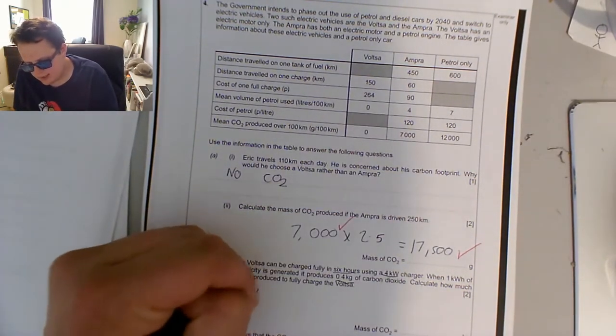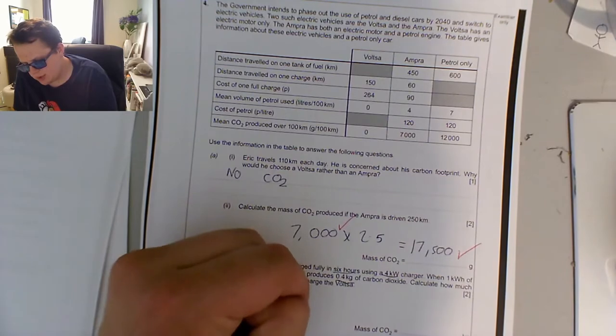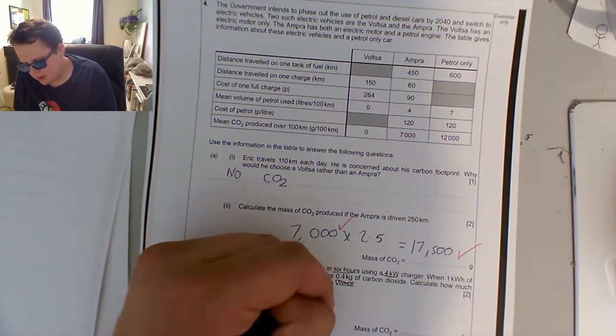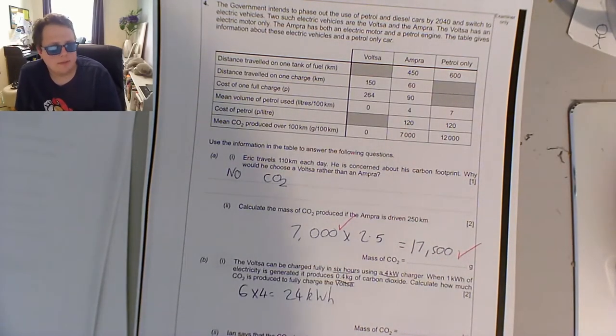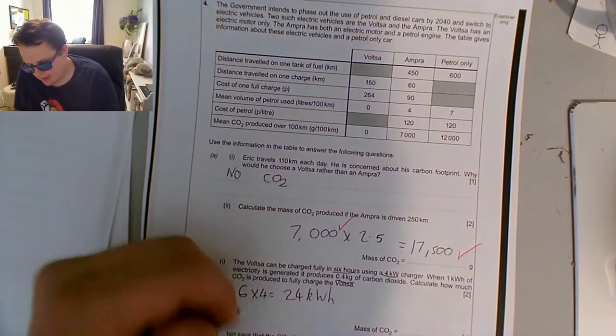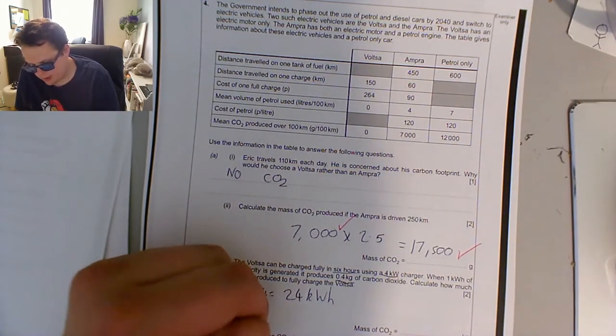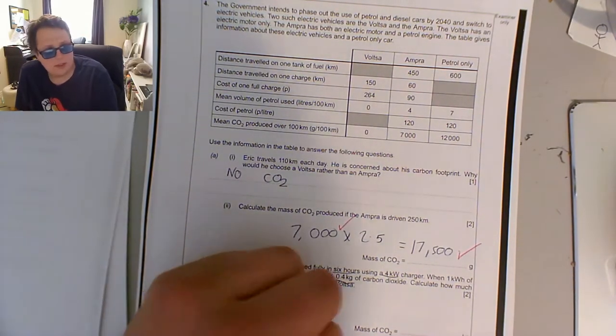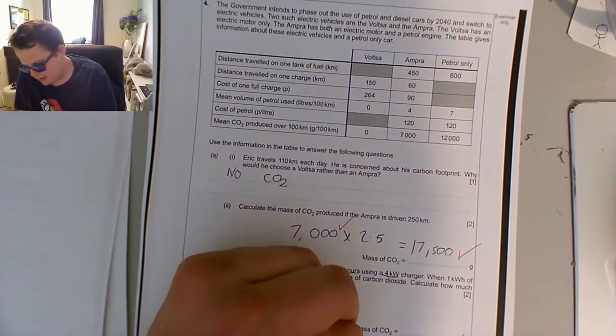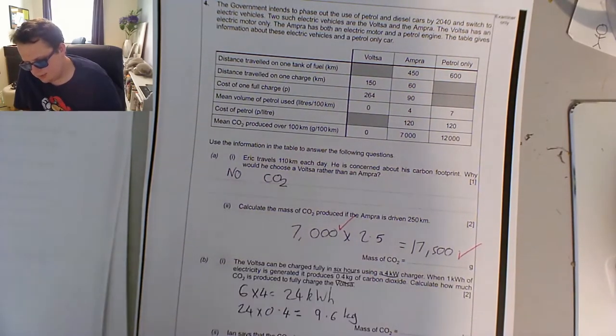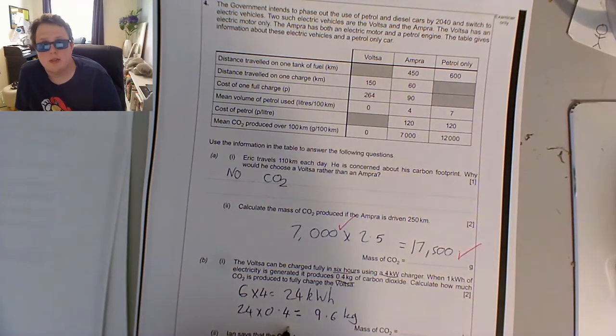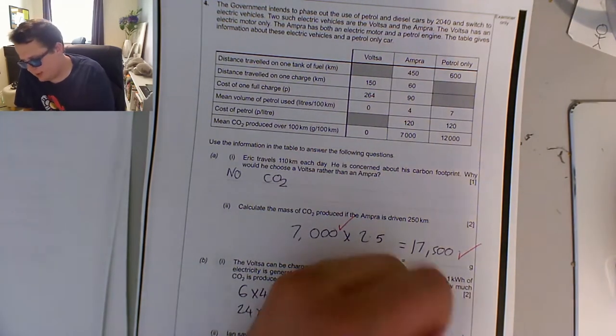We do 6 times 4 to give us 24 kilowatt hours of electricity used. And then we do 24 times 0.4 to give us an answer of 9.6 kilograms. Because each one of our 24 releases 0.4, so we get 9.6.